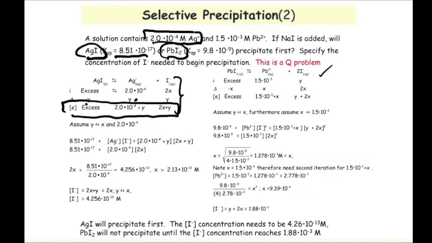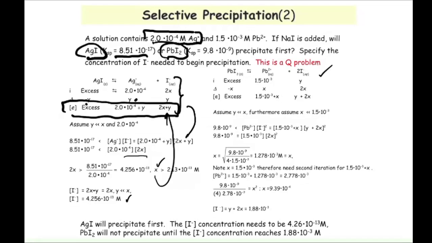So when we solve this math right here, you're going to get this mathematical expression, and then you can solve for the x value here, and then you can plug it into this equilibrium, and you can get an iodide concentration.